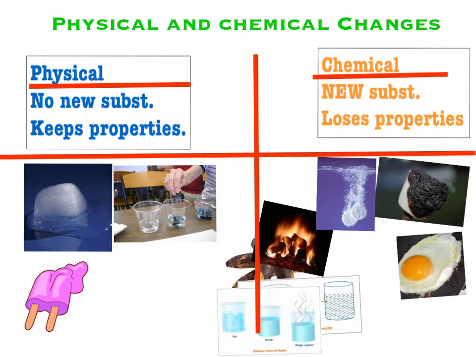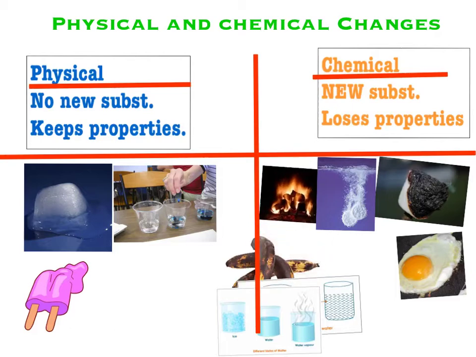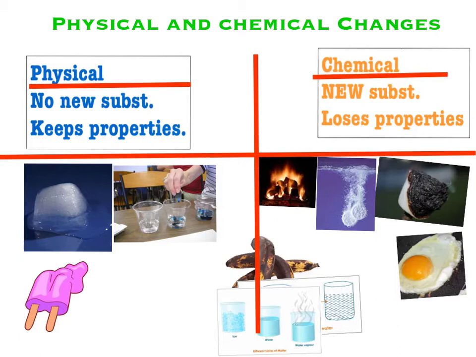Next I have fire, wood burning. Again, that is chemical because we have a new substance created. We have heat and light as well as smoke and ash. The wood cannot get back its properties. It has lost all properties it had to begin with.